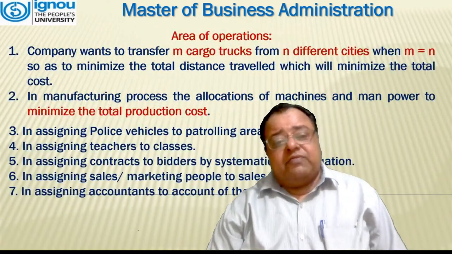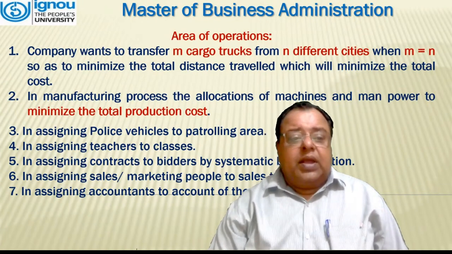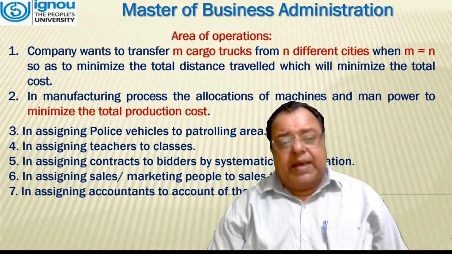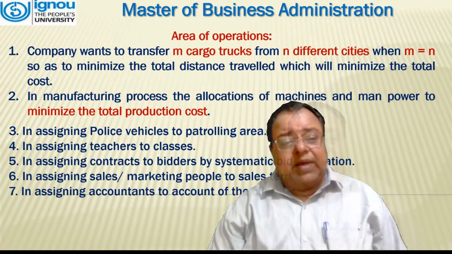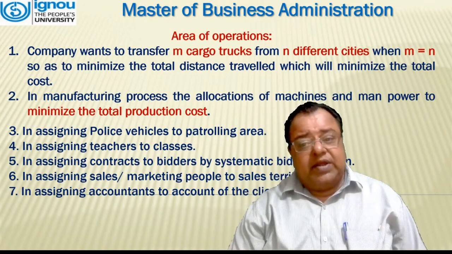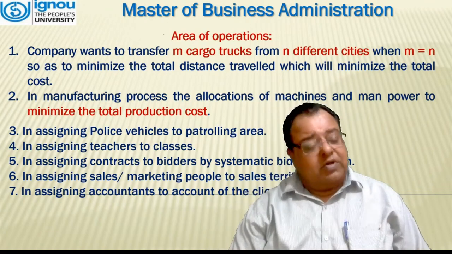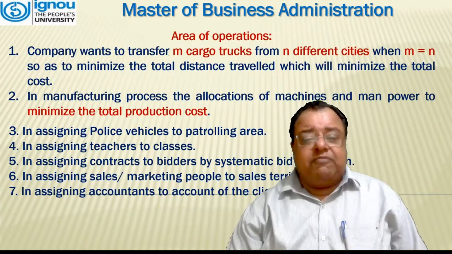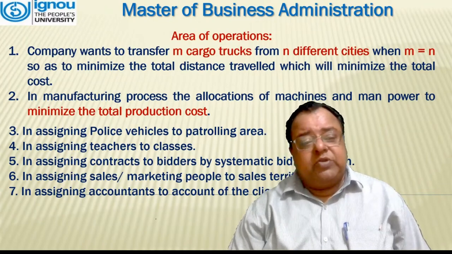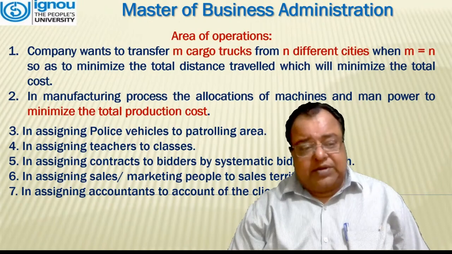What are the areas of operation? A company wants to transfer M cargo trucks from N different cities, where M is equal to N, so as to minimize the total distance traveled, which will minimize the total cost. In manufacturing processes, the allocation of machines and manpower to minimize the total production cost.